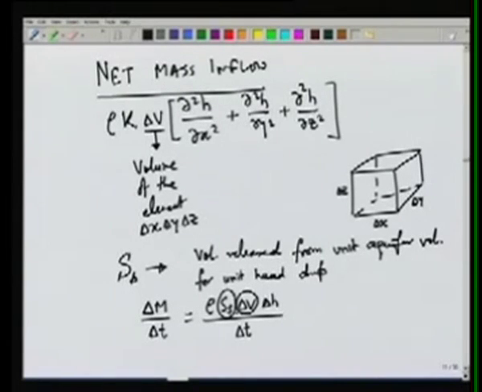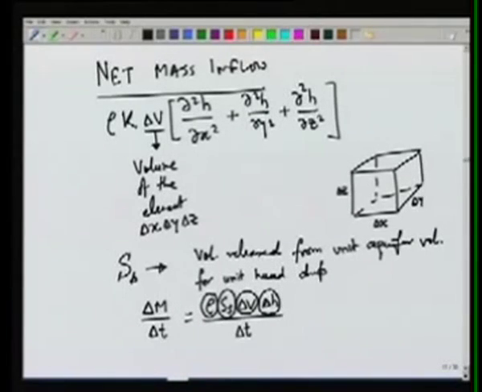Ss is per unit head drop, therefore we have to multiply with delta H. Ss gives us the volume, and therefore we multiply with rho to get the mass.